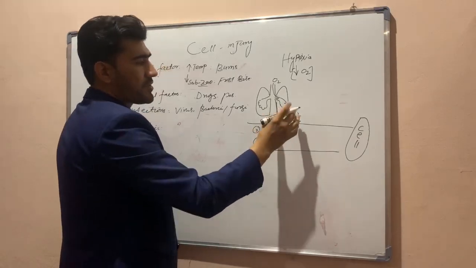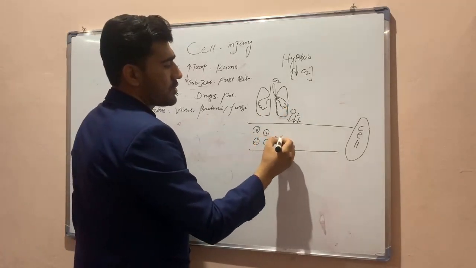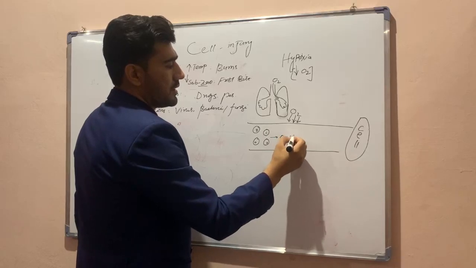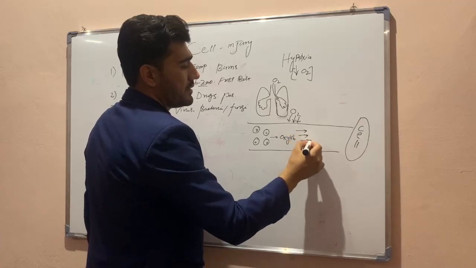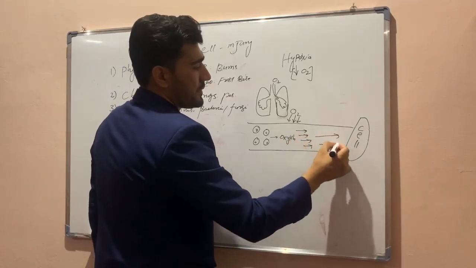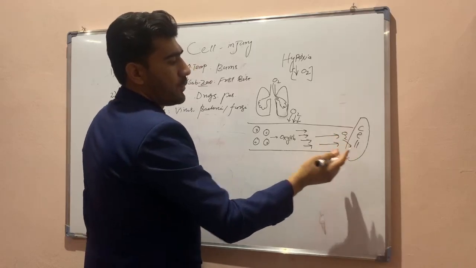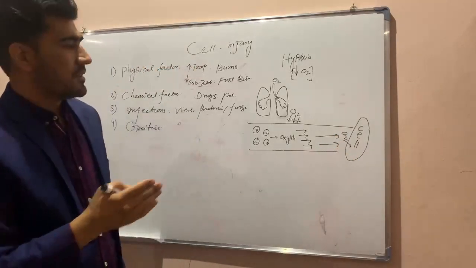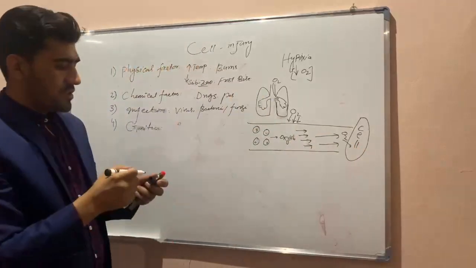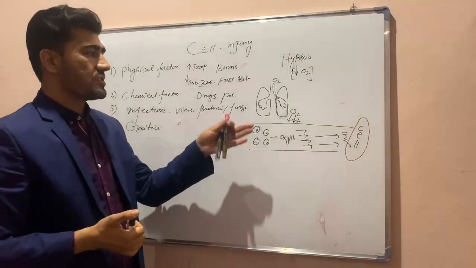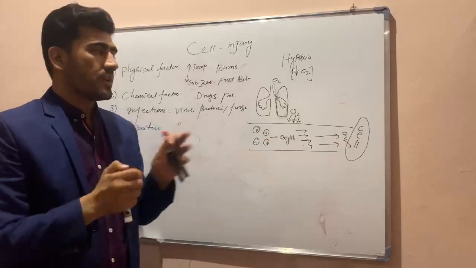So the oxygen is bound with the hemoglobin, making oxyhemoglobin, and oxyhemoglobin is carried by the blood to the cell, and when there is a normal cell, the oxygen is utilized by the cell. So this is the physiology of the oxygen carried by the blood to the cell and utilized by the cell.